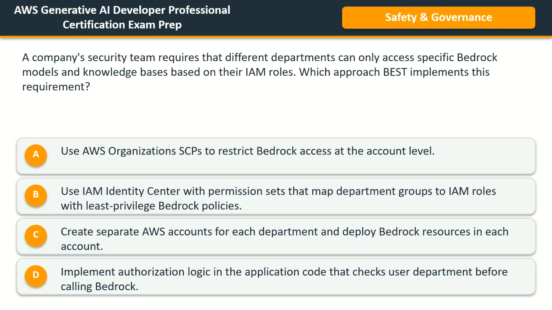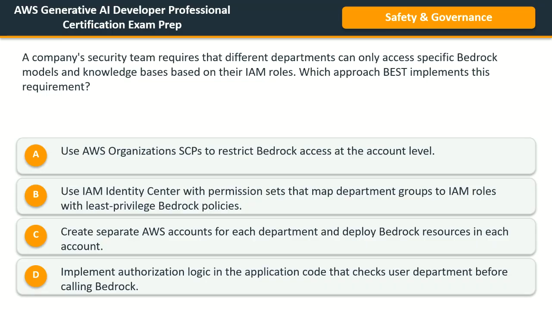Option B, use IAM Identity Center with permission sets that map department groups to IAM roles with least privileged Bedrock policies. C, create separate AWS accounts for each department and deploy Bedrock resources in each account. D, implement authorization logic in the application code that checks user department before calling Bedrock. The correct answer is B.